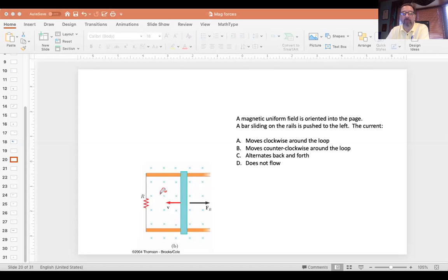Here's your first hint. You have to oppose that with a magnetic field induced out of the page, right? And so what current would flow to create a magnetic field out of the page?